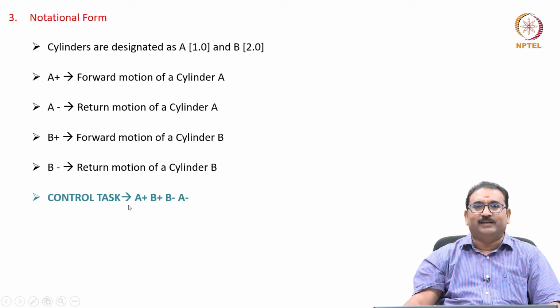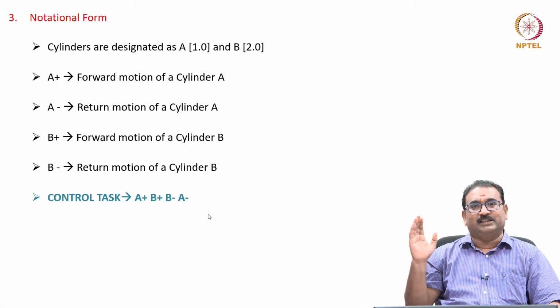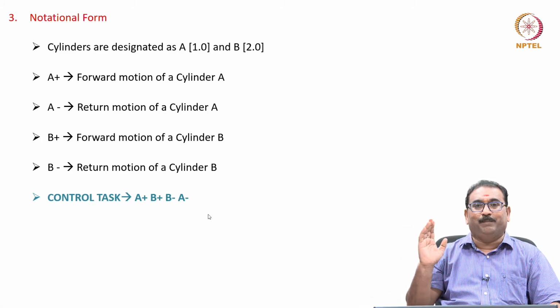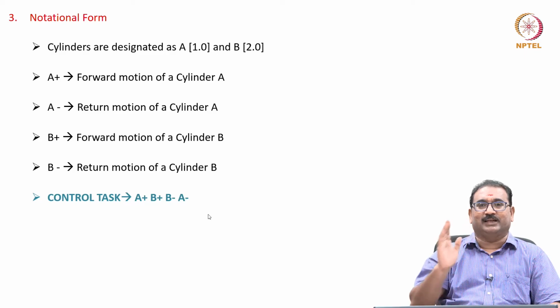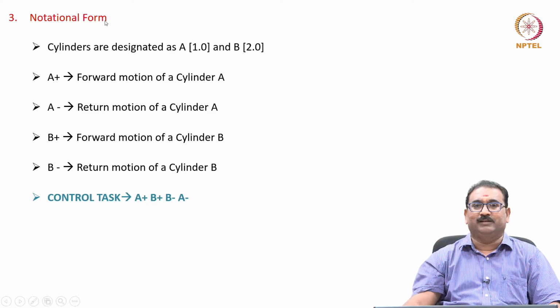Altogether, you represent the control task in notational form: A plus, B plus, B minus, A minus. Whatever the cylinders are there, you have to represent in notational form like this. A plus means everyone will understand the cylinder is extending. A minus means the cylinder is retracting. First, you have to represent the defined task like this.